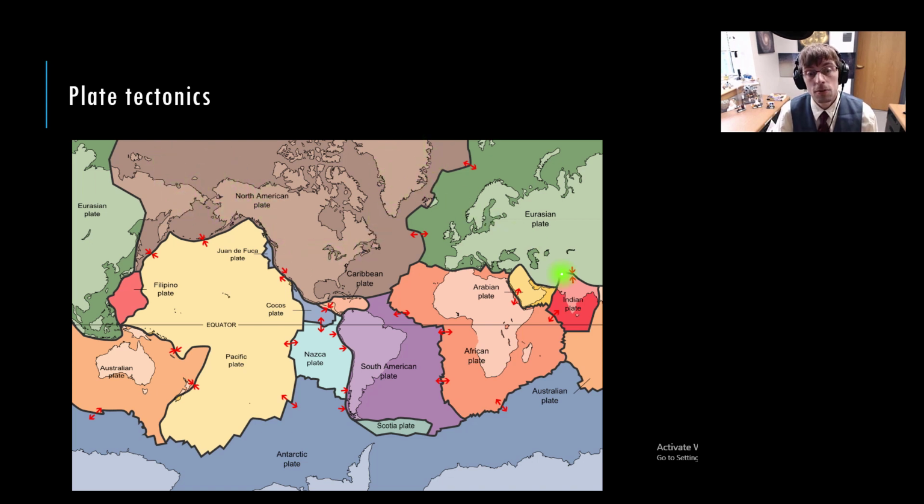Some of them rather small, like the Indian plate or the Caribbean plate. And here as well, you notice that the red lines give you the directions that the various plates are moving. So for example, down the middle of the Atlantic Ocean, you have a series of plate boundaries that are pulling apart from each other. Okay.